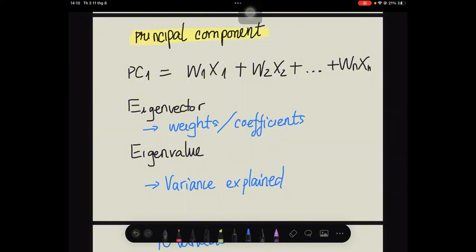Then we have the eigenvalue. The eigenvalue tells us how much of the total variance in the dataset is explained by that principal component, and this is extremely important. A large eigenvalue means the component explains more of the variance of the original data. So PCA ranks the principal components according to the amount of variance they explain. Typically, PC1 explains the most, PC2 explains the next most, then PC3, PC4, and so on. The explanatory power generally declines as we move through the components.